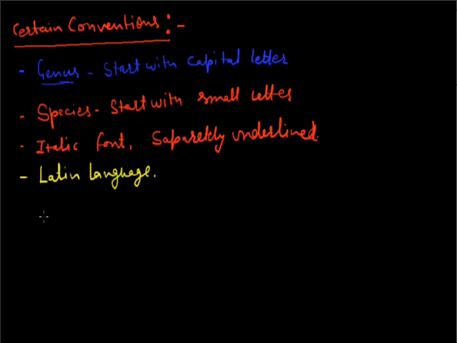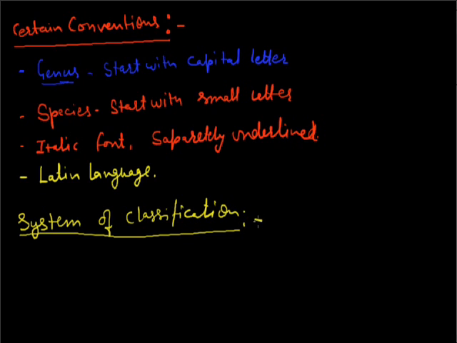Now we discuss the systems of classification. So here we have three systems of classification. First of all, the artificial system of classification.